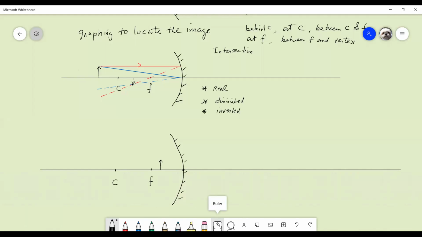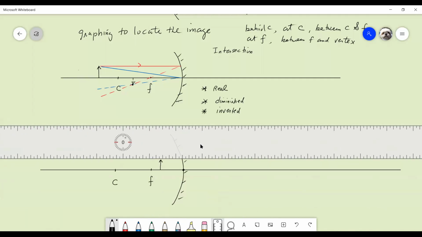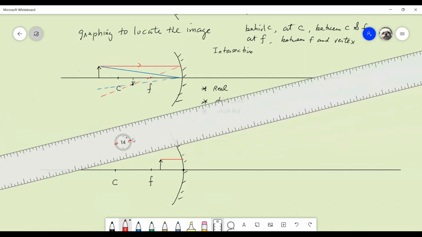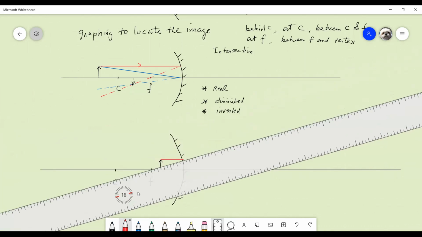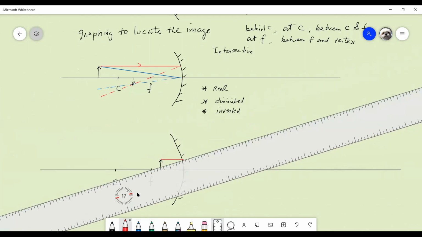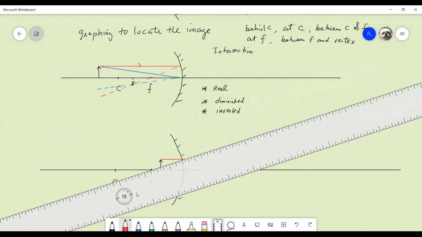Now I have a parallel line coming in, using a different color, and then it's going to fall on the focal point. So it will be here. Now remember the key is to find the intersection of the reflecting rays, right?